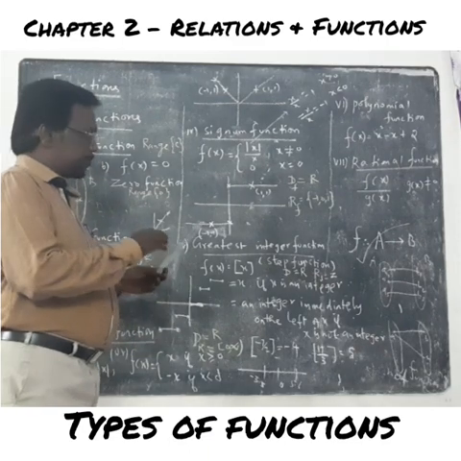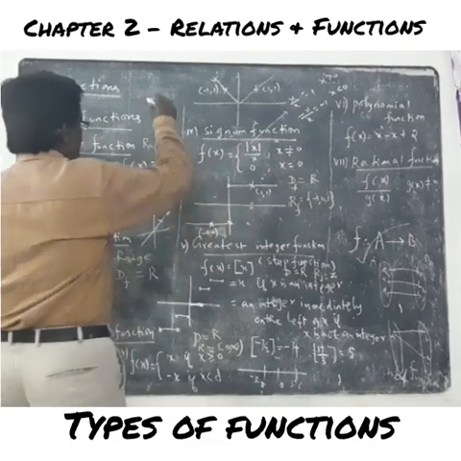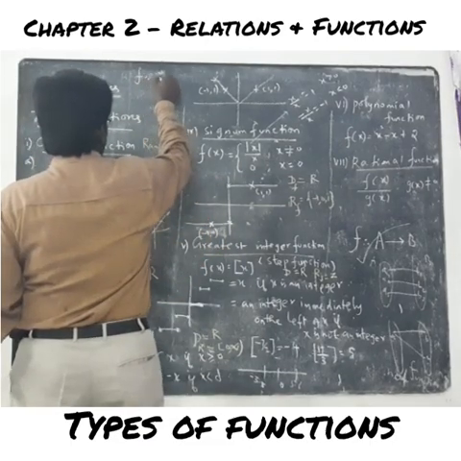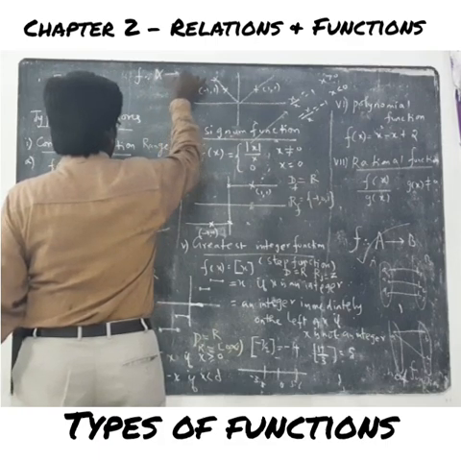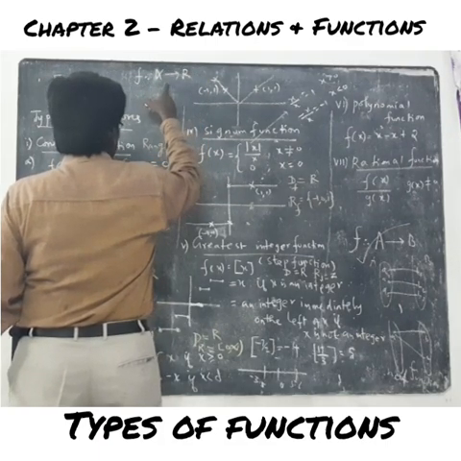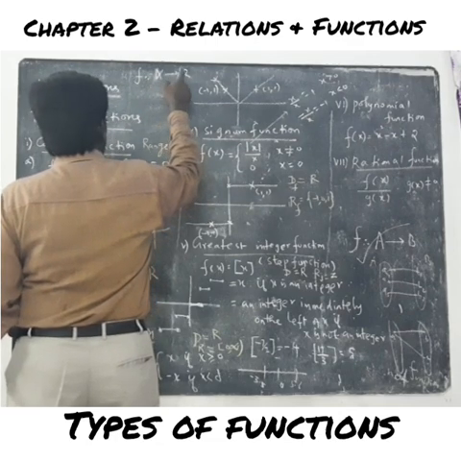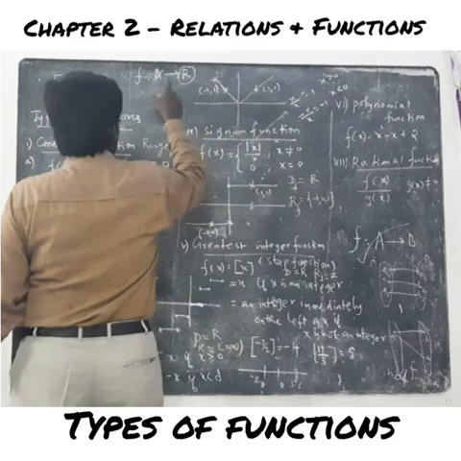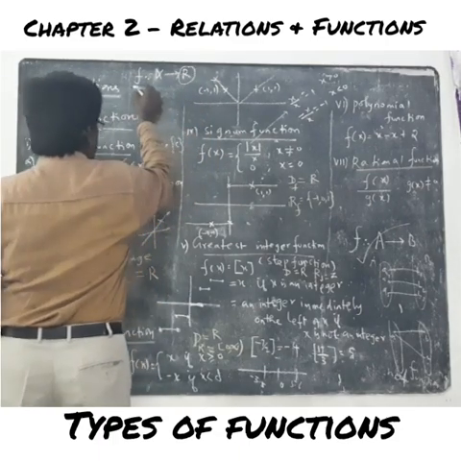All the problems are here. We have studied only functions from R to R or any subset. This is a real valued function. F is a function from X to R, where X is any set, then f is real valued.